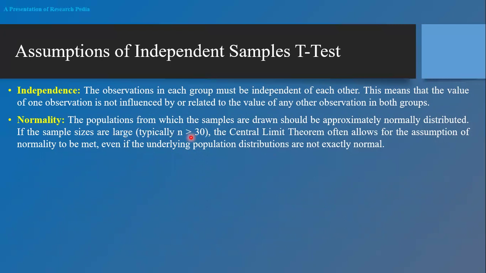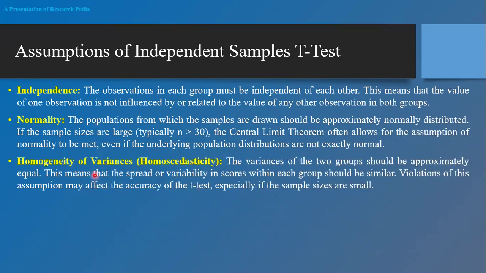But if your number of observations is less than 30, it means you need to verify whether your data is normal or not, whether the distribution of the data is showing normality or not. The third condition is homogeneity of variance. Your variance should be homogeneous.